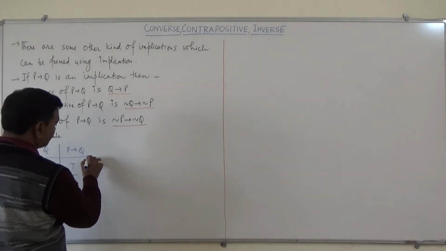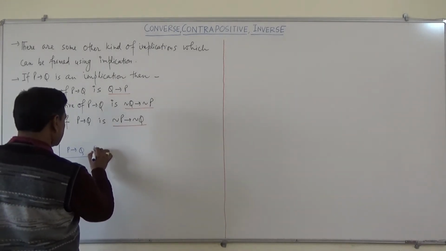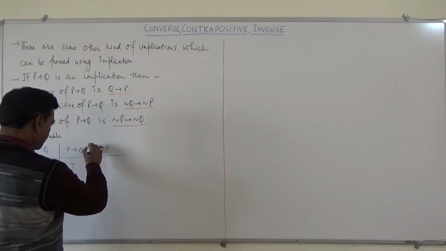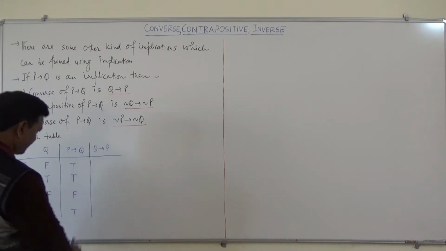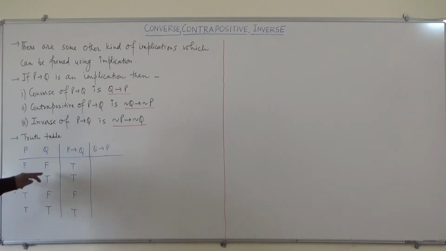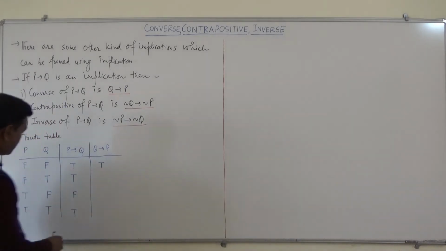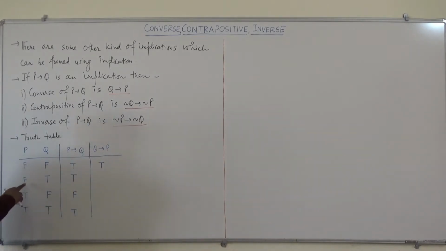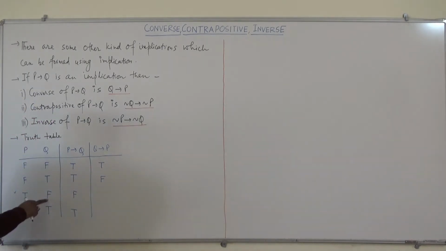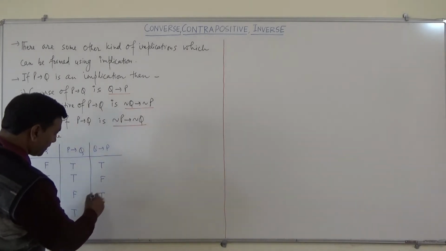Now we will see its converse. Its converse is Q implies P. So first we take false, false, then it is true. If it is true and false, then this will be false. If it is false and true, then this will be true.